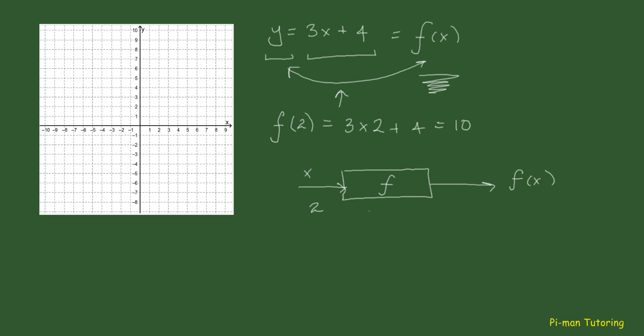The function inside is completing the operation 3x plus 4, and what's coming out the other side is the value of 10. So just because we're going to be interchangeably using f of x and y, just wanted to make sure everyone was comfortable with function notation.